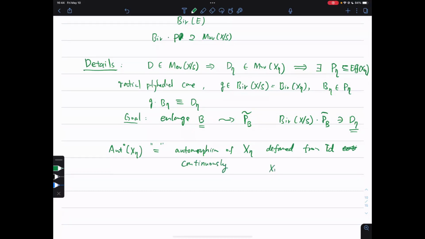So what I mean is you have the identity map, and then you change it continuously, you get an automorphism. So how should we think of changing continuously? We should change it along some vector field, right? You change one point along a vector field to another point. So this is some change or deformation along some vector field.